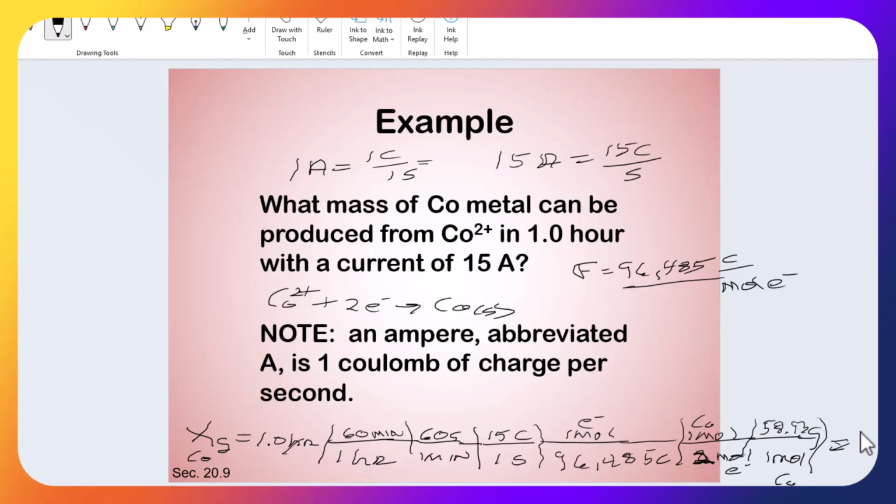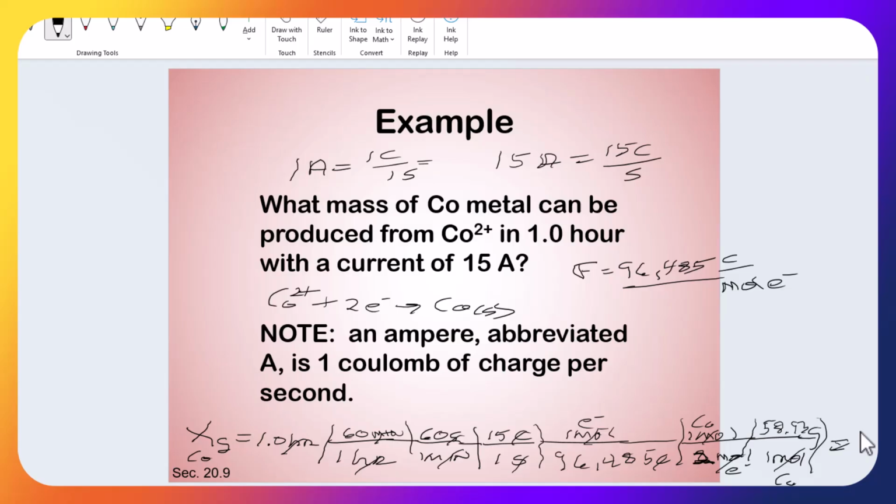So here we go. Let's check the units. Hours over hours cancels. Minutes over minutes cancels. Seconds over seconds. Coulombs over coulombs. Moles of electrons over moles of electrons. Moles of cobalt over moles of cobalt. So it all looks good. Let's go ahead and calculate.